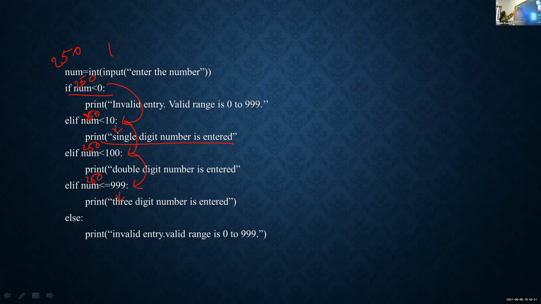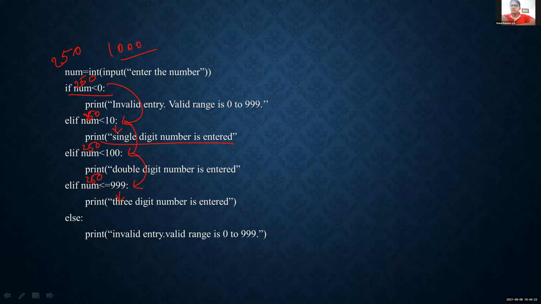So I am giving 1000. What happened, Rahul? If the num value is 1000, what is the result? It will be false. First case it is false. Then what about the second case?